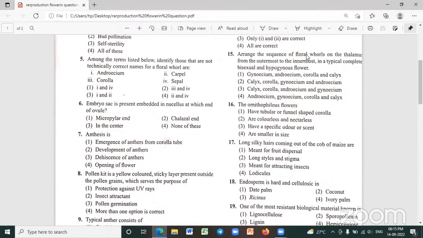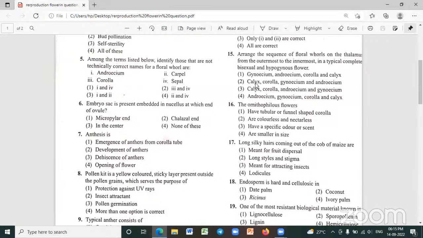Arrange the sequence of floral whorls. Just imagine from the thalamus, from the outermost to the innermost, in a typical complete, bisexual and hypogynous flower. Take an example and see that calyx is the starting whorl, isn't it? Starting floral part. So the answer should be which one? Second and third one.